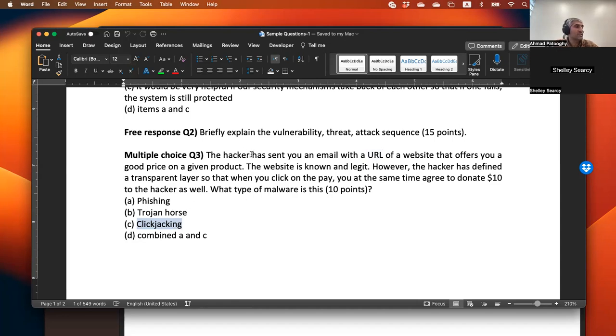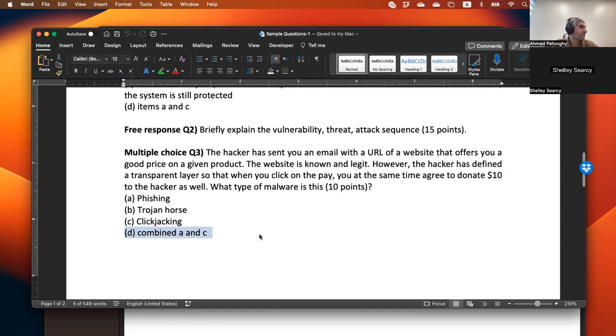So the situation we are dealing with here is a combination of phishing, that we receive that email with that URL, and also clickjacking, where our click on, for example, buying one product or item is also considered as permission for something else. So it's a combination of phishing and clickjacking. The correct answer to this question is item D again, which is the combination of A and C. The answer is similar to that one, but of course, for a very different reason.